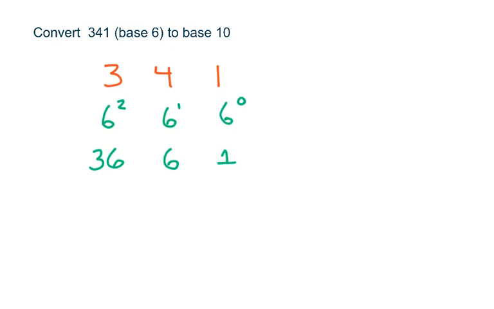Now we just need to evaluate this number and see what its value would be in base 10. Well, we have 3 36s, we have 4 6s, and we have 1 1. So this is where we multiply and add.